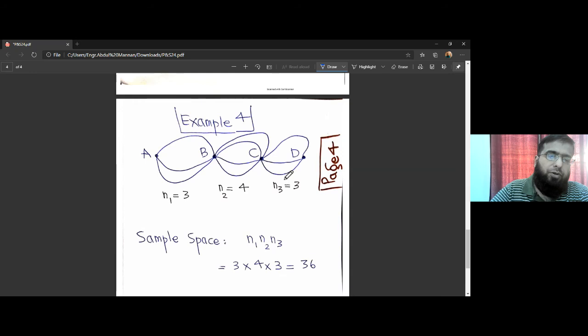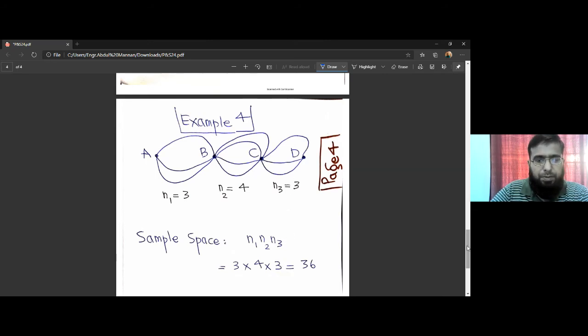So what is the total number of options in his sample space? He has to travel 3 times, and we have different options for each of his 3 journeys. For the first journey he has 3 options, so n1 is 3. For journey number 2 he has 4, so n2 is 4, and n3 is 3.